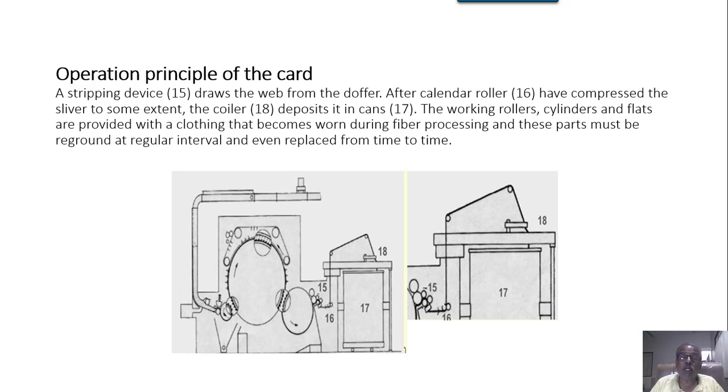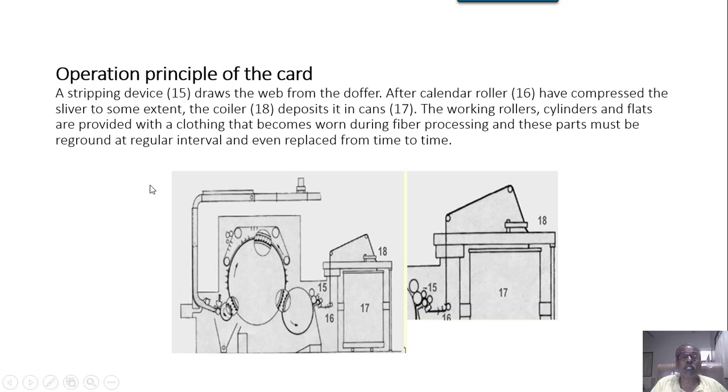At that time I also stated that there are some changes which are helping the modern systems, but overall the configuration of the card has remained the same, intact. There is no drastic change in that.